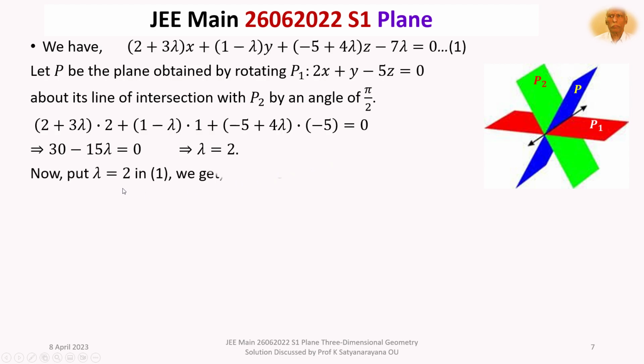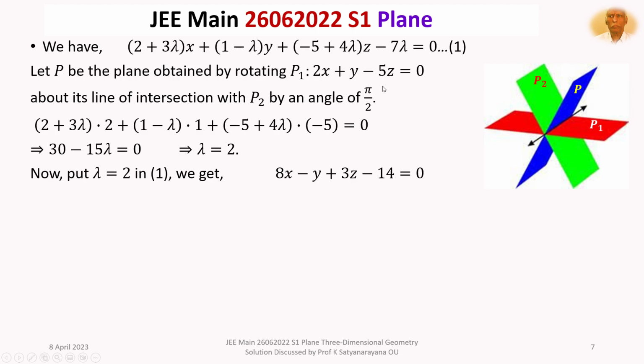Now put lambda is equal to 2 in family 1. Substituting, 2 plus 3 times 2 is 8, so 8x. 1 minus 2 gives minus y. Minus 5 plus 2 fours is 8, so 3z. And minus 7 into 2 is minus 14.